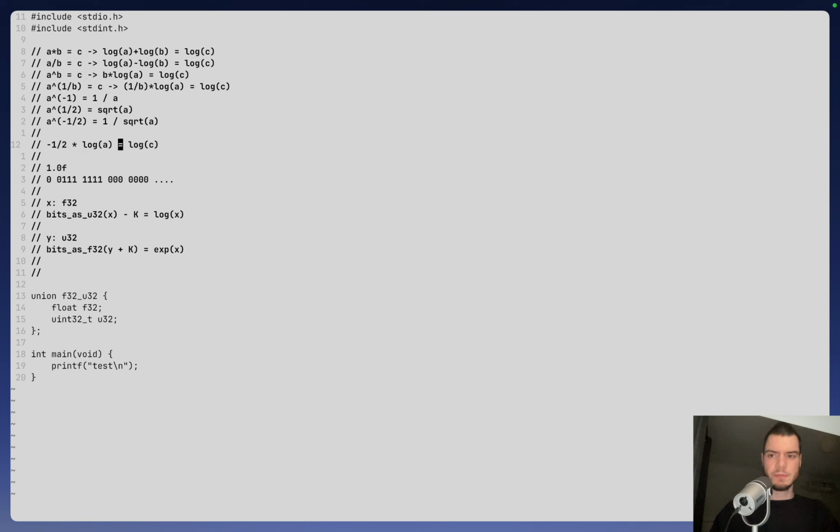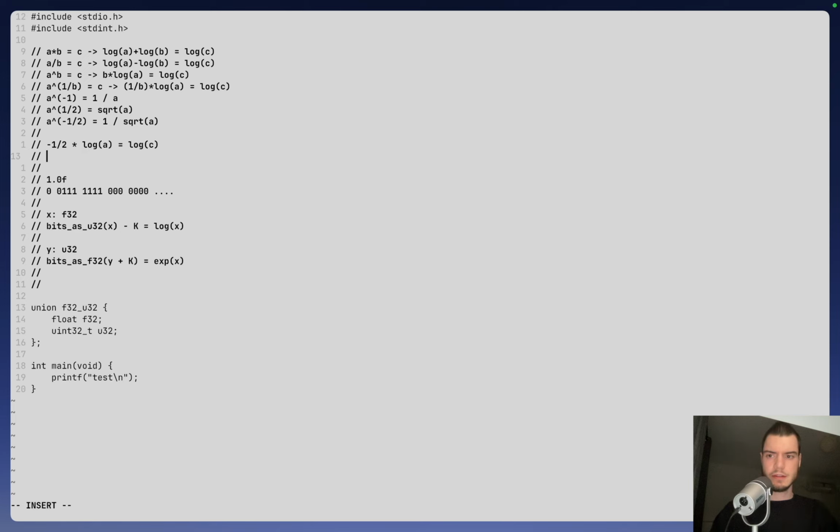What we need to do to get c, let me rewrite this, is to apply the exponent function to both sides of the equation.